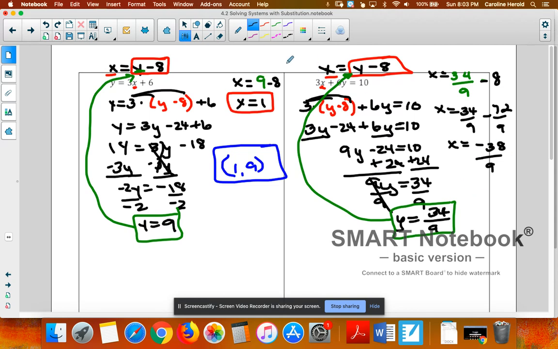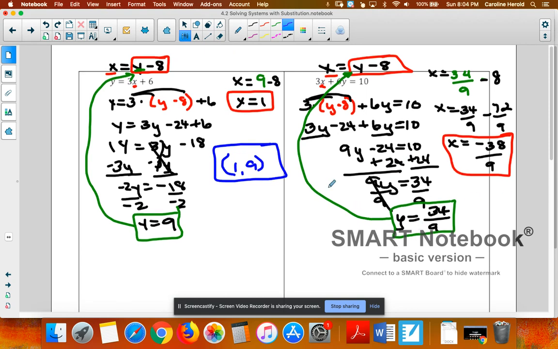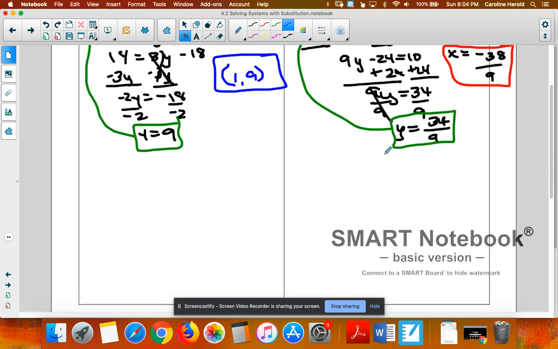Okay, so there's my x. So x ends up being this yucky number, negative 38 ninths. And y ends up being this yucky number. And so my solution to this system is x equals negative 38 ninths, and y equals 34 ninths, is where these two lines will cross.